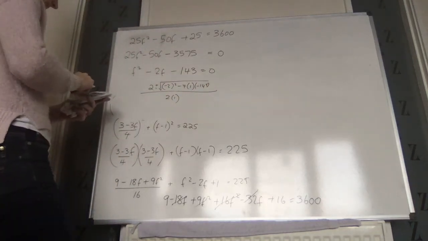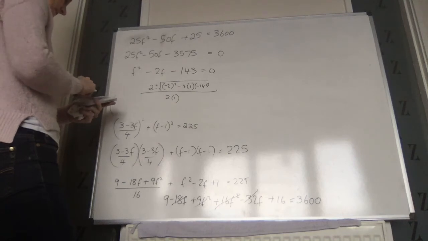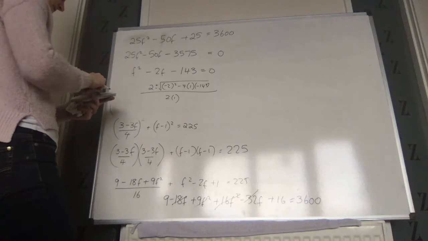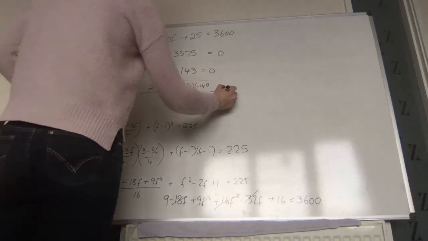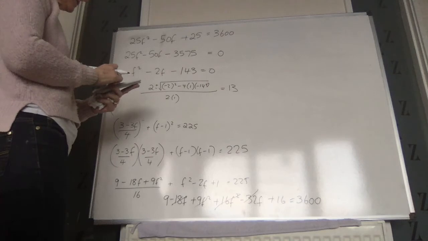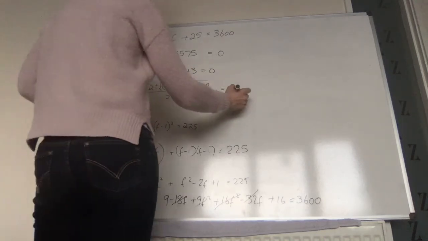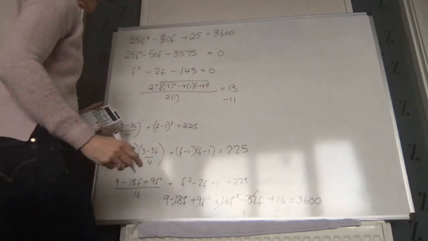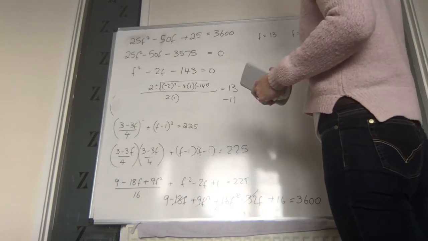So we get 2 plus the square root of 4 all over, which gives 13. And if we go back and put in the minus version, we get minus 11. Okay, so we have two answers. So f is either 13 or f is minus 11.